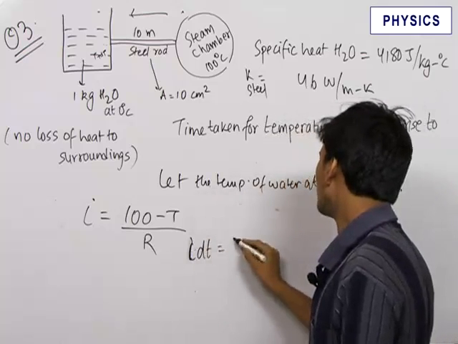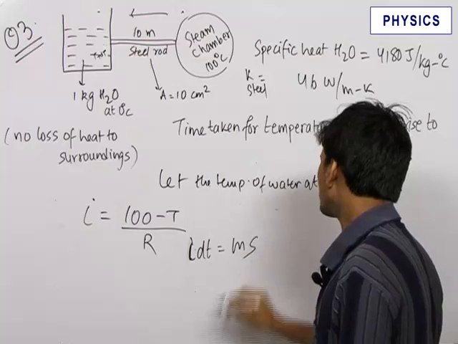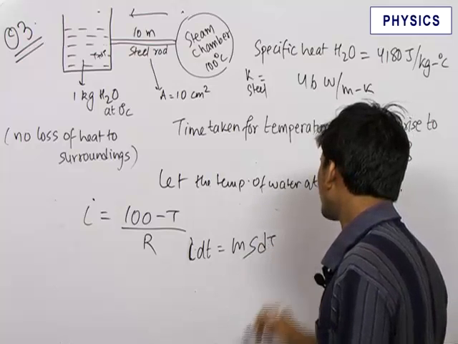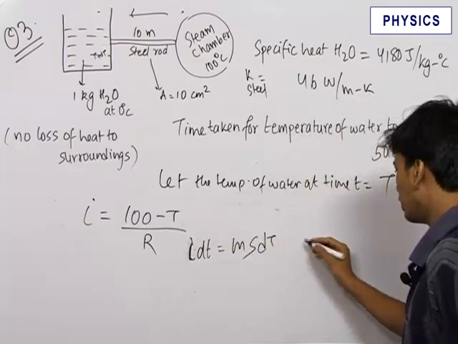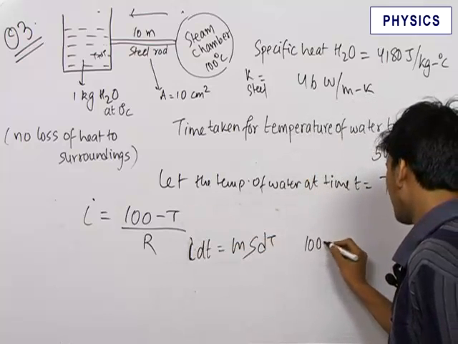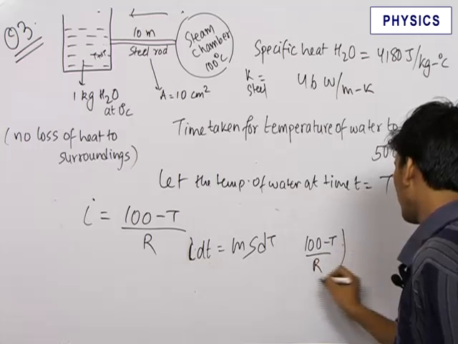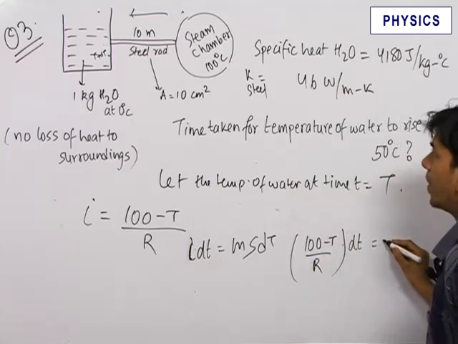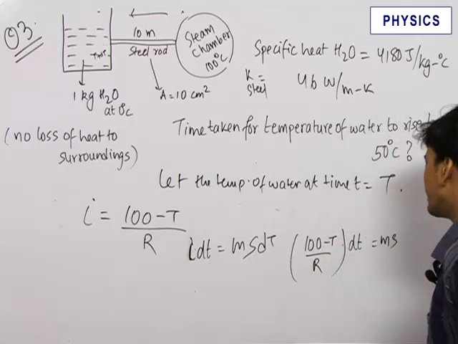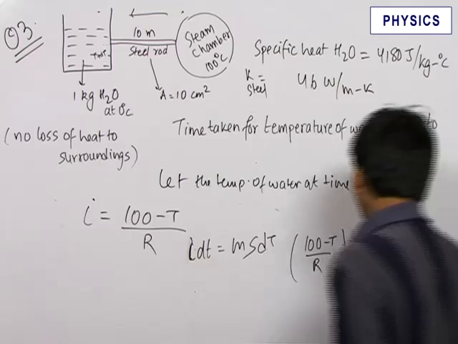This is equal to mass of water into specific heat of water into small change in temperature of the water. Now the value of I is known, so we write 100 minus T upon R into dt. This is equal to mass of water into specific heat of water into small change in temperature.